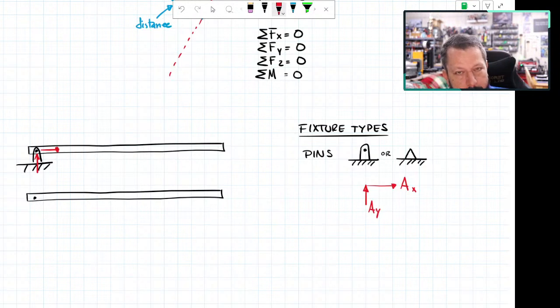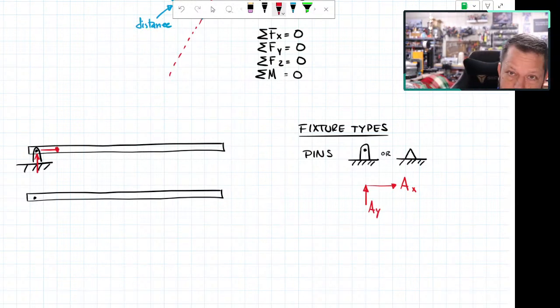So I know it's faster to just draw on top of the diagrams, and maybe that's fine if you're just working a problem and you need to do it quickly. But the better way to do it is to redraw your body of interest, take away that pin, because it needs to be a free body of interest, not a connected body of interest.